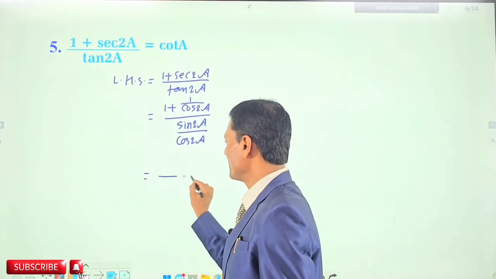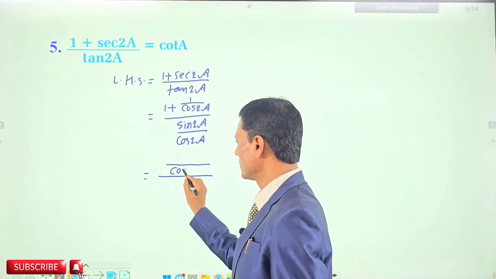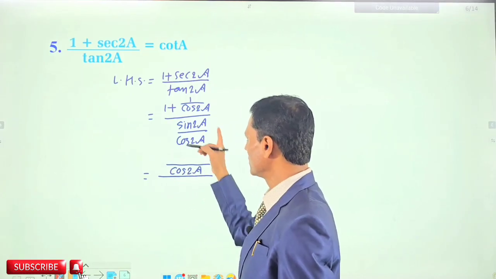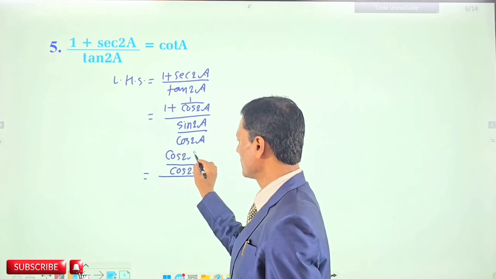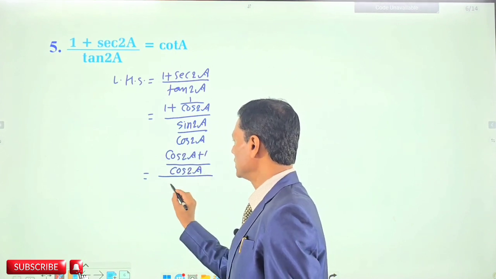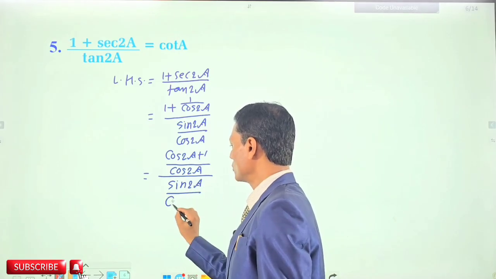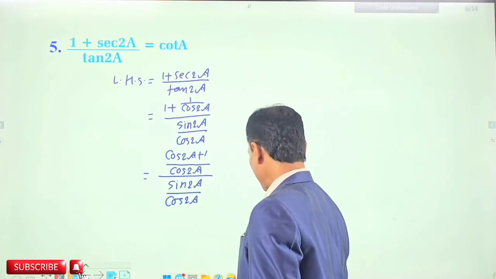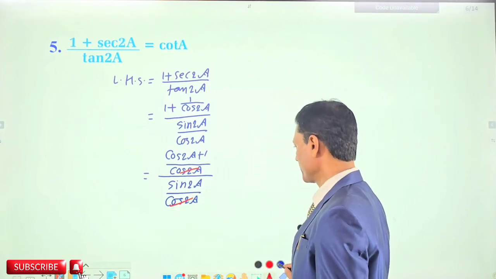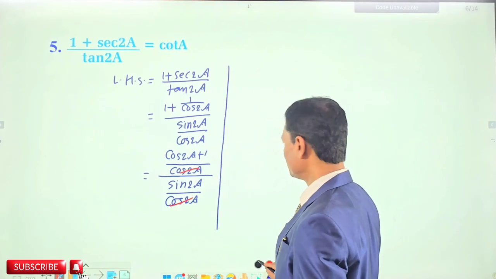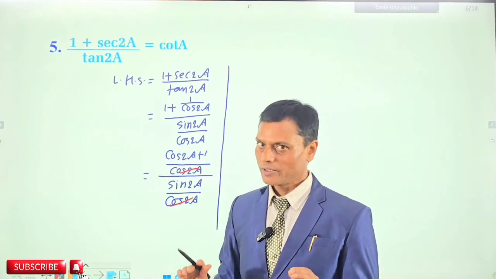After that, in the main line, the LCM is cos 2a, right? And cos 2a into 1 becomes cos 2a, plus 1, and at the denominator we have sin 2a over cos 2a. And now we can cut cos 2a and cos 2a, very easily. After that we have 1 plus cos 2a, plus 1 and 1 plus cos 2a, same thing.